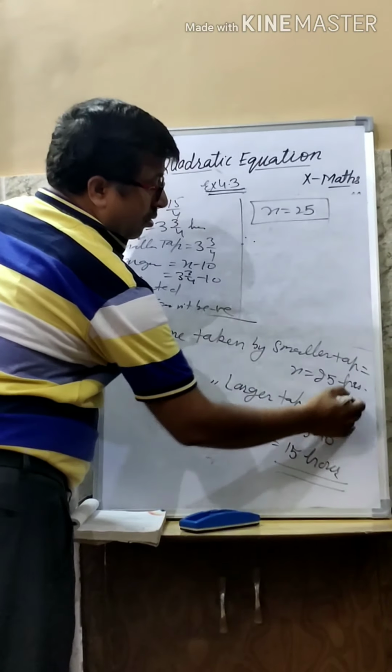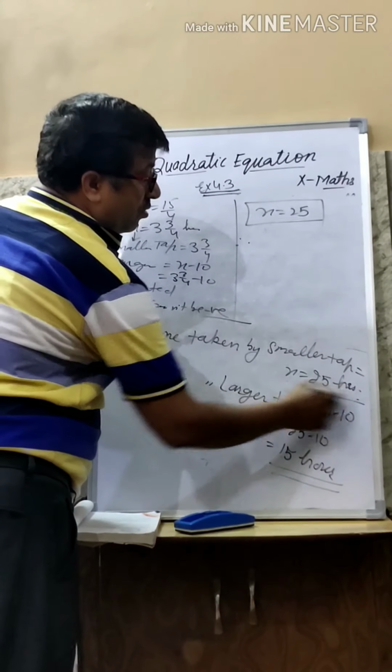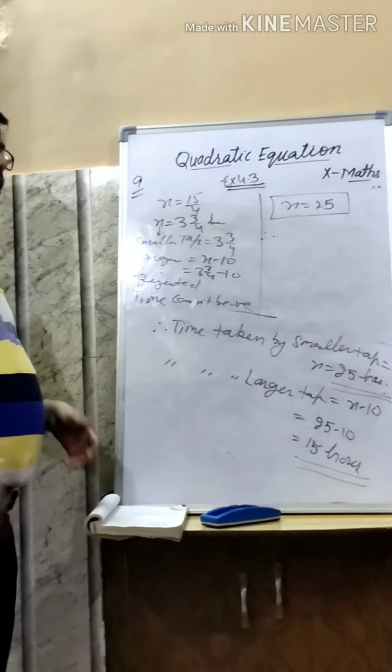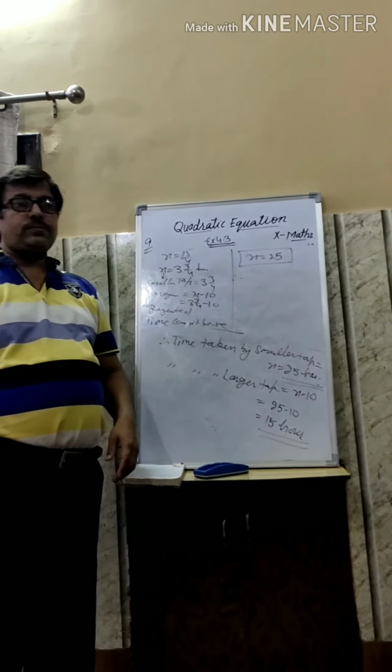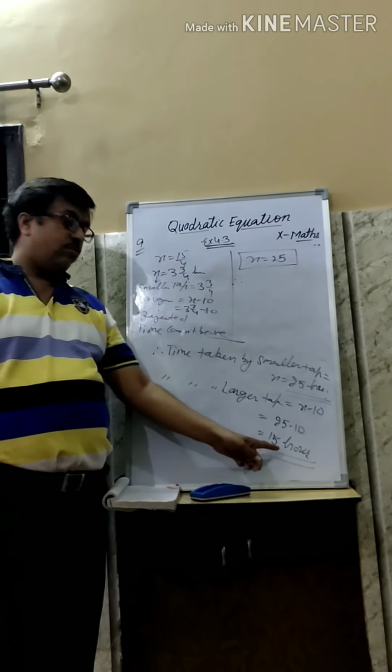So the answer is this: time taken by the smaller tap 25 hours, time taken by the larger tap 15 hours.